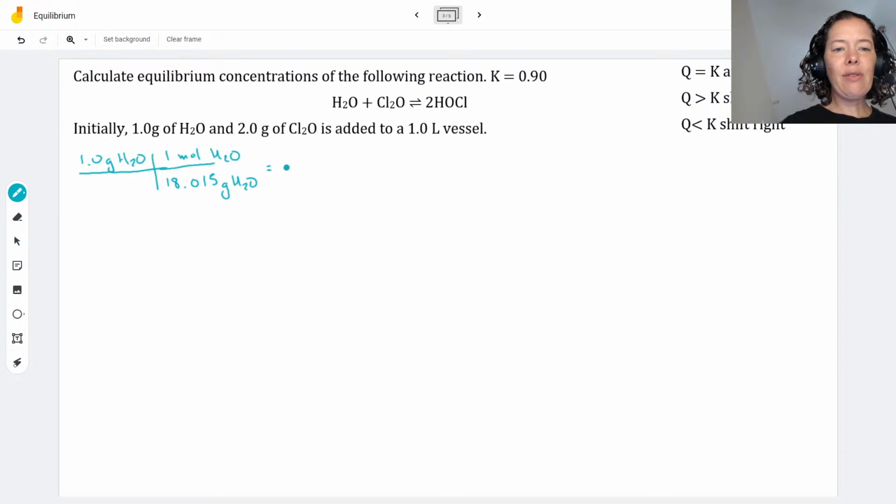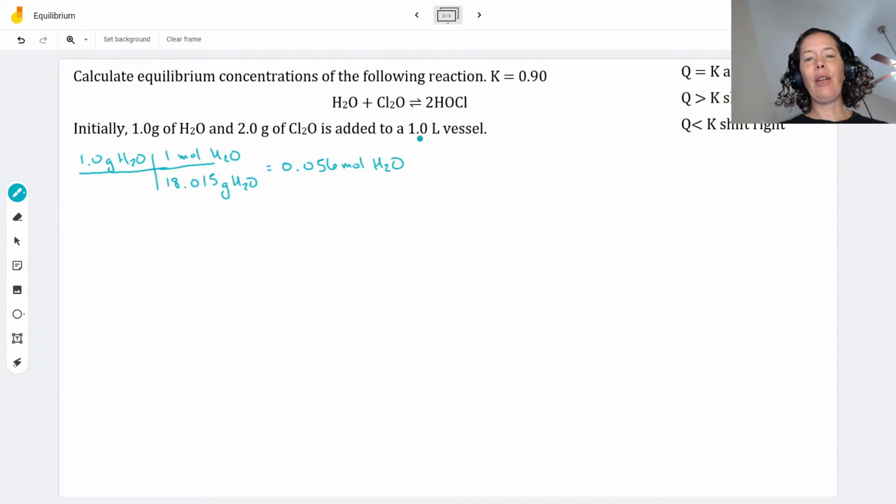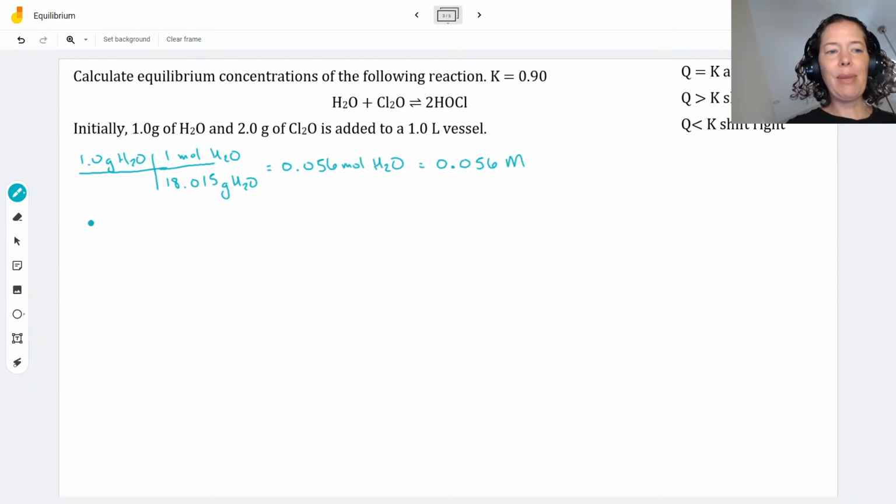And that gives us 0.056 moles of water. Now, the nice thing about this problem is you can see we are added to a 1 liter vessel, which means to convert to molarity, we're dividing by 1, which means that its molarity is the same as its number of moles. That is now molarity. Okay, that's great. That makes calculations at least a little bit easier.